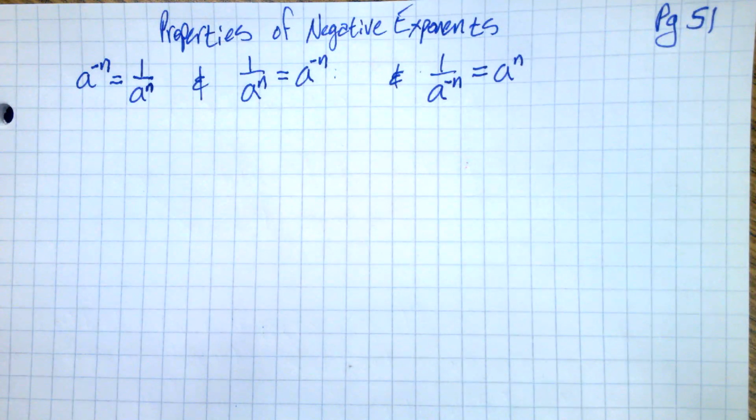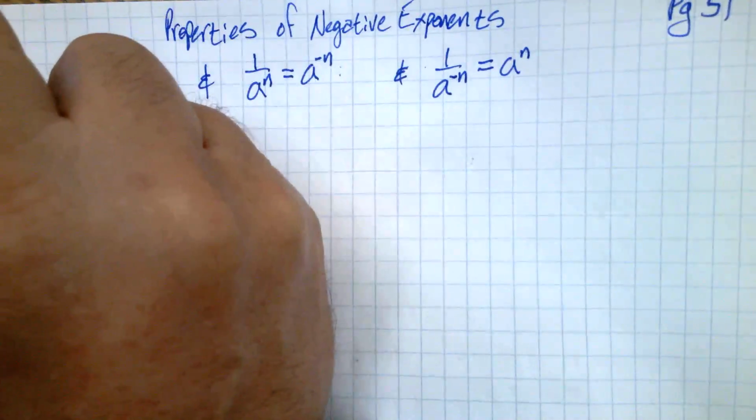If we divide powers with the same base, we subtract the exponents. All of those things still apply. But sometimes we want to express all answers with positive exponents. So that's what we're going to want here.